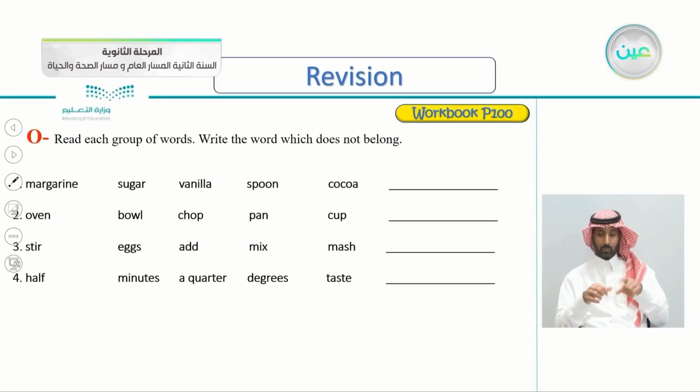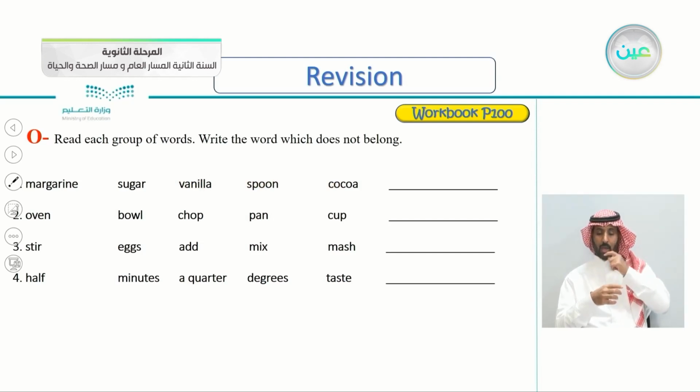So let's answer this one together. Page 100, exercise O, read each group of words. Write the word which does not belong. So the first one here is margarine, sugar, vanilla, spoon, cocoa.